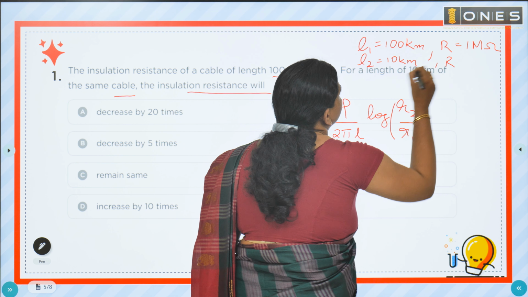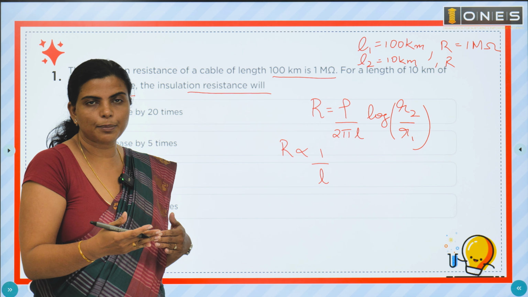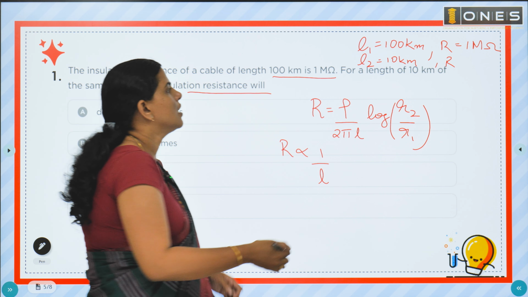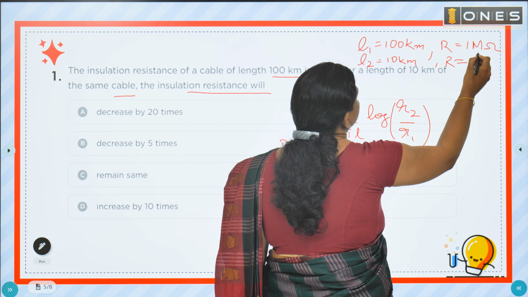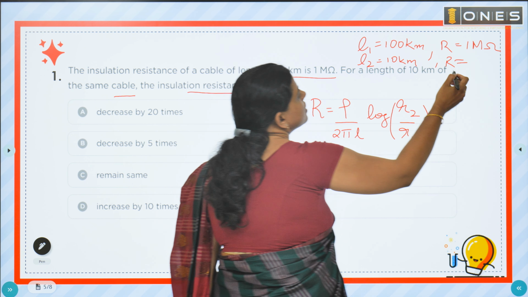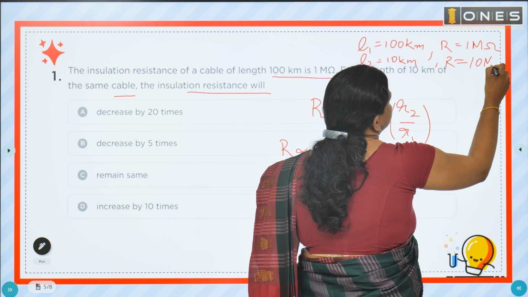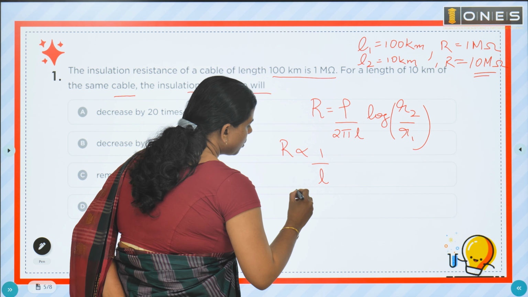What will be R? L2 കുറഞ്ഞു കഴിഞ്ഞാൽ, as R is inversely proportional, R will increase. So 10 kilometer ആണെങ്കിൽ resistance will be എന്തായിരിക്കും? 10 times ആണ് length കുറഞ്ഞ, resistance will increase by 10 times. So 10 mega ohm. അത് നമുക്കൊന്ന് വെരിഫൈ ചെയ്യാം.